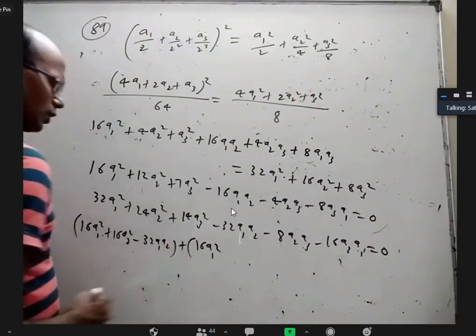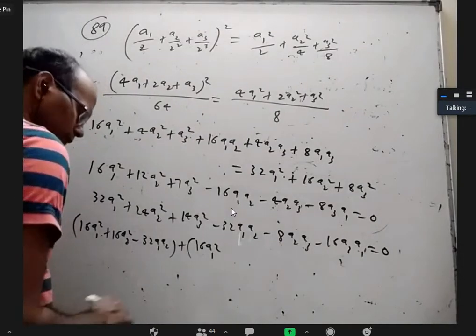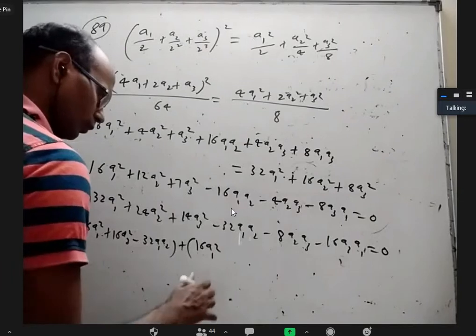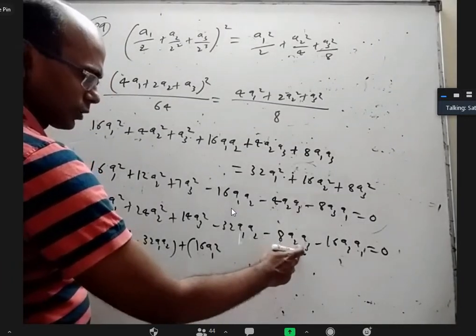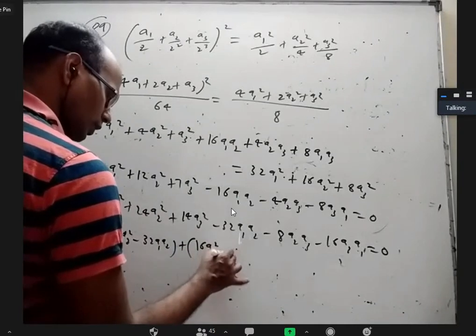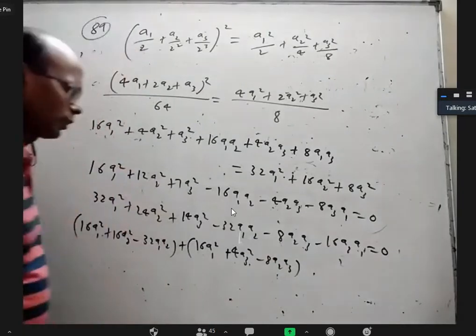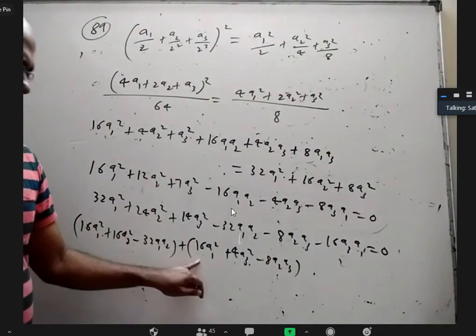I have another 16 a1 square. I have 4, which means I need 2 a3, so plus 4 a3 square minus 8 a2 a3. I have extra 16 a1 square.